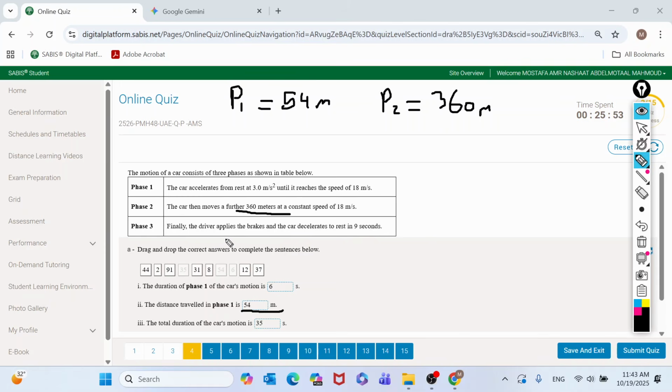How? We're going to use the acceleration independent equation because they didn't give us the acceleration. It's delta x equals v final plus v initial over 2, times the time. V final is 0.